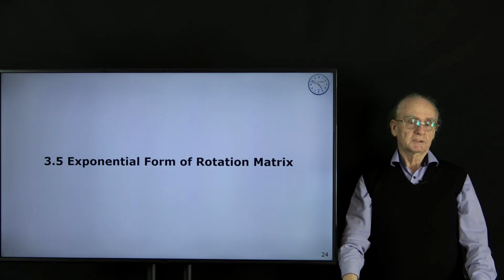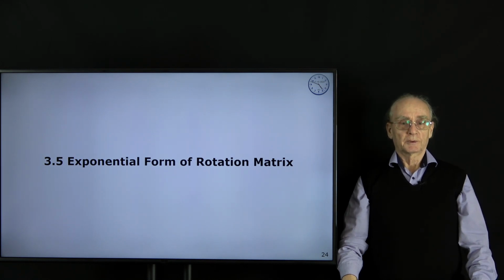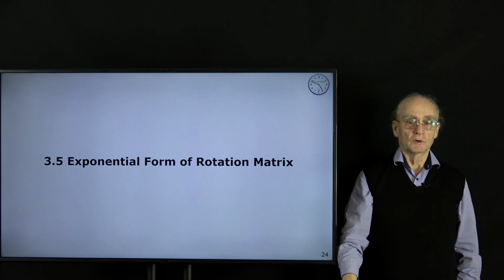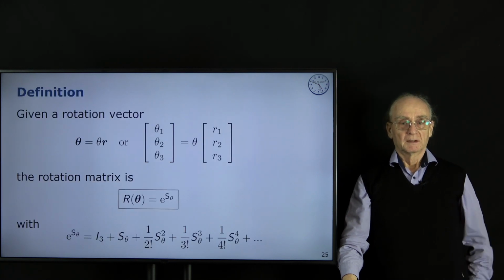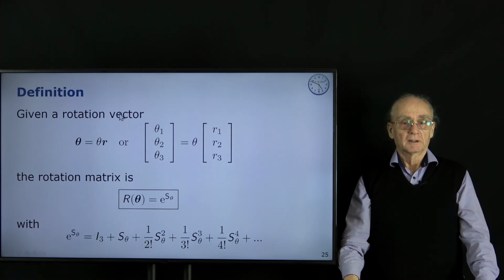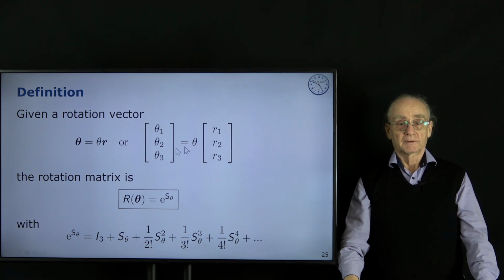So this was the representation of a rotation matrix in axis-angle form, and now we have a look at an exponential form of the rotation matrix. We start with the rotation vector theta, which is the product of the angle and the normalized rotation axis, with these three elements.